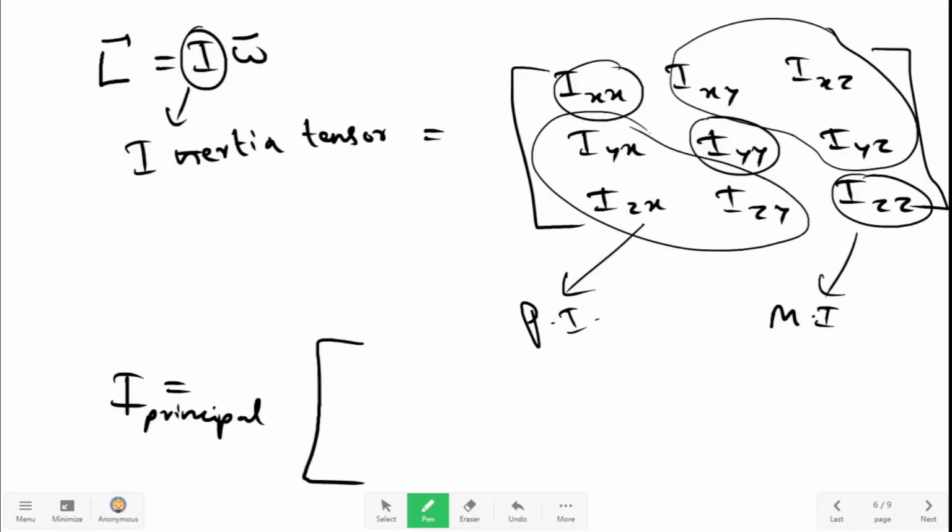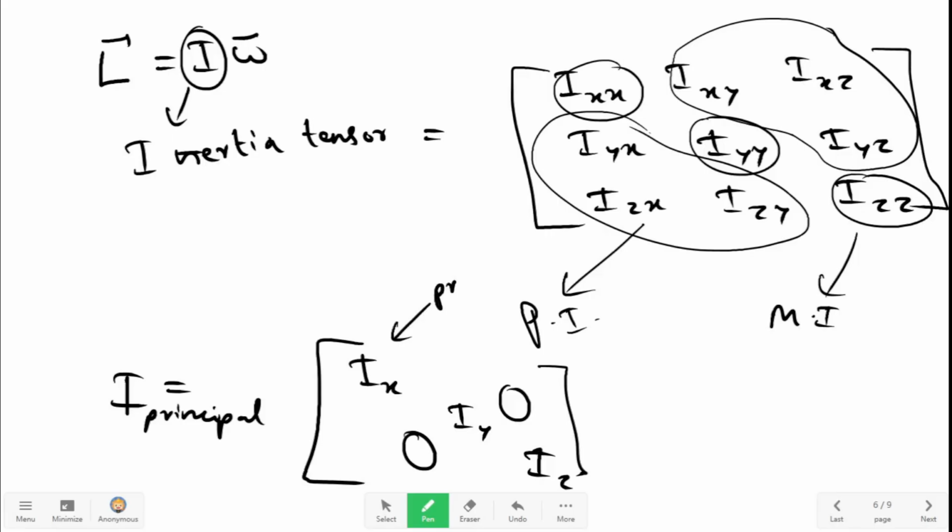In that case, I will be equal to Ix, Iy, Iz on the diagonal. All the other non-diagonal terms will be 0. And these values of diagonal elements are the principal moments of inertia.